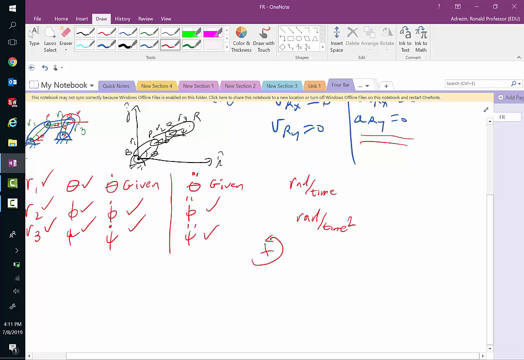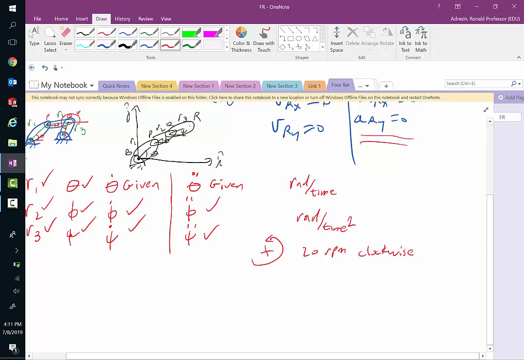So if you are told that something is 20 RPM clockwise and counterclockwise is positive, then not only do you need to put a negative in front of it, you need to convert from revolutions to radians. And what is it? One revolution is 2 pi radians.